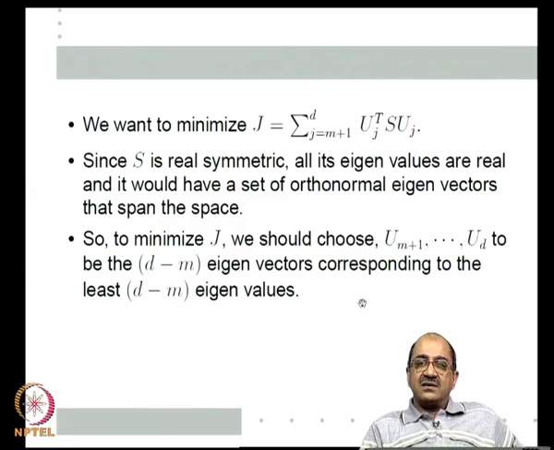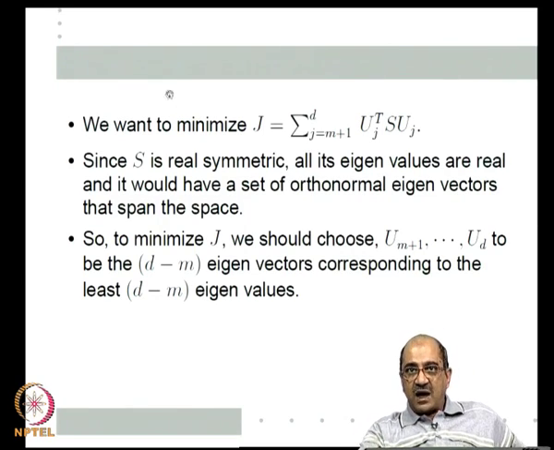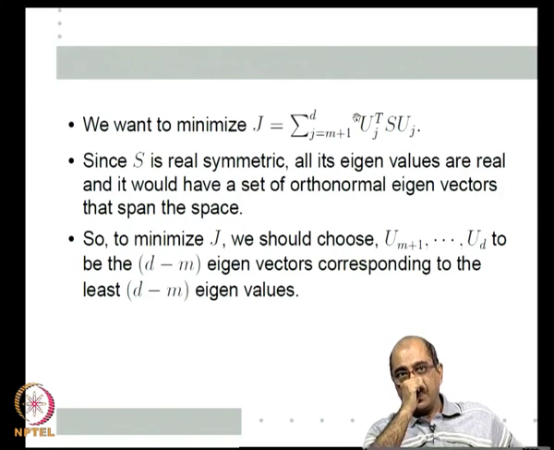So, that tells me the best I can do is this: I want to minimize the sum over j equal to m plus 1 to d, which means I have to pick U m plus 1 up to Ud. Each one of them has to be a distinct eigenvector of S, and whichever eigenvector I pick, that term in the sum turns into the corresponding eigenvalue.